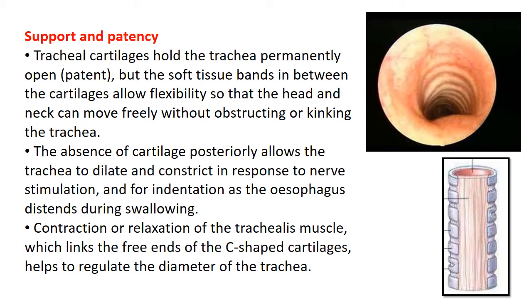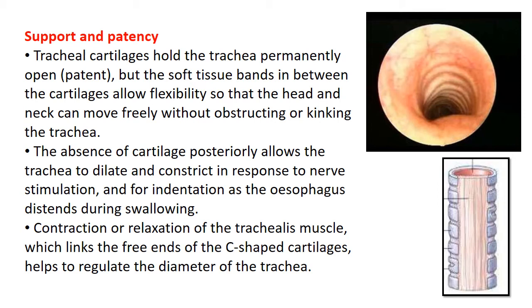The absence of cartilage posteriorly allows the trachea to dilate and constrict in response to nerve stimulation. Also the esophagus is at the posterior side, so during swallowing the esophagus can distend, so there is no need for cartilage at the posterior side.